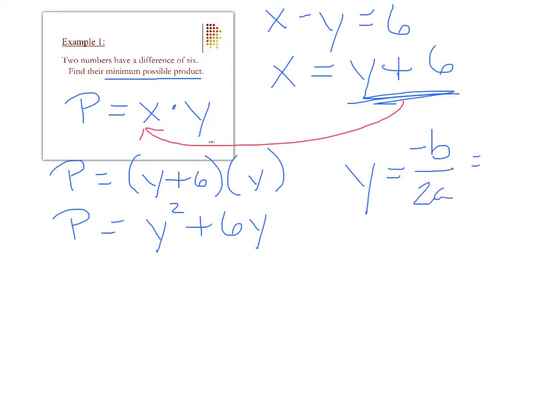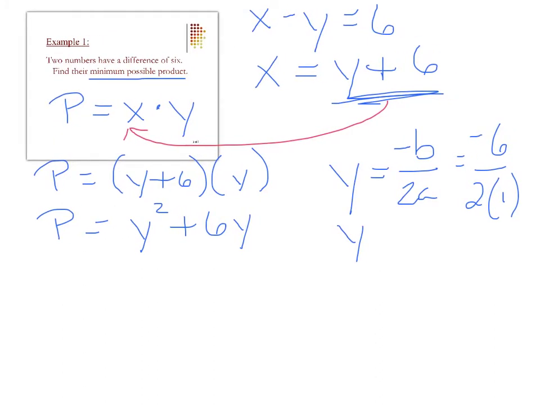So your b is 6, so it's -6 over 2 times 1. So when you take -6 and divide by 2, you will get y equals -3.